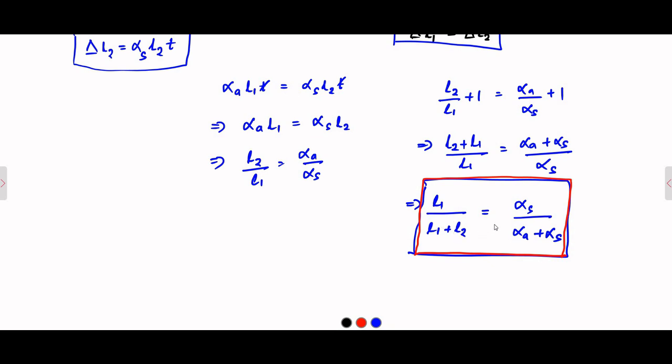L1 by L1 plus L2 is equal to alpha S by alpha A plus alpha S, where alpha S is the linear expansion coefficient for steel, and alpha A is the linear expansion coefficient for aluminium.